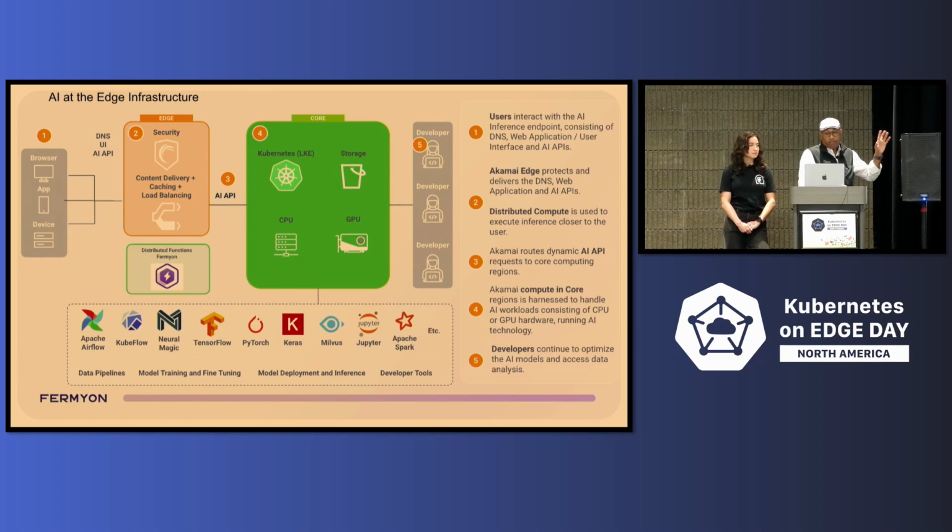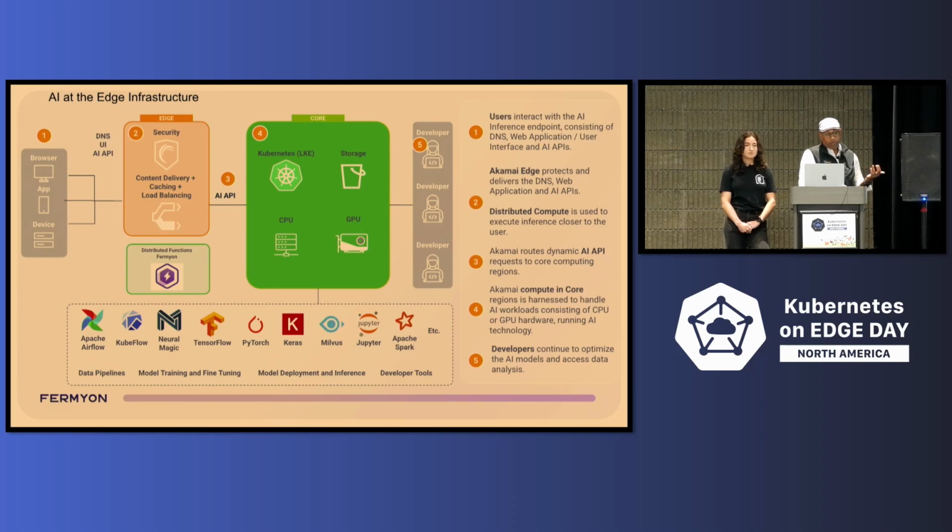Starting at the top left, the user application hits an AI endpoint, DNS, UI, or an AI API. That request is first handled by the Akamai Edge, where we provide security, caching, and load balancing. The distributed layer in step 3 is powered by Fermyon Wasm functions, where inference can execute closer to the user. And this is where real-time responses actually impact that user experience.